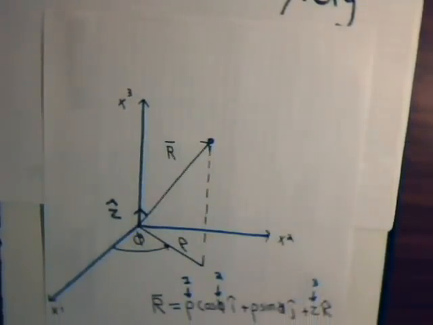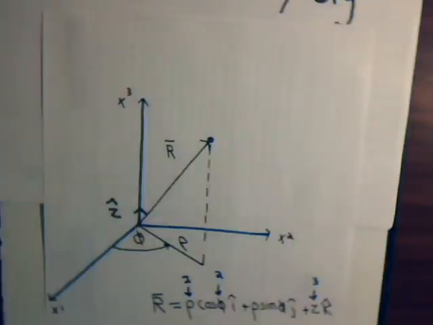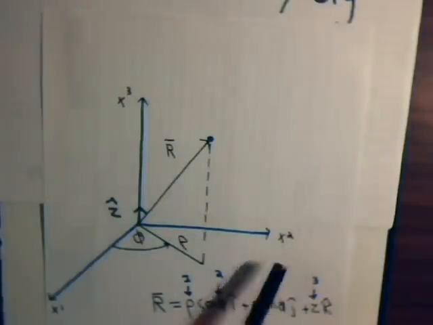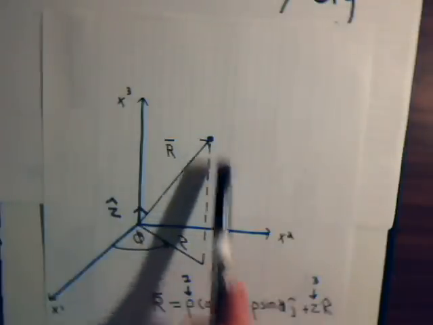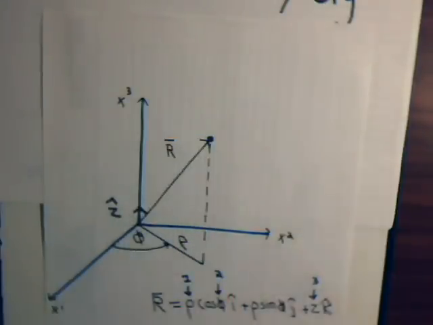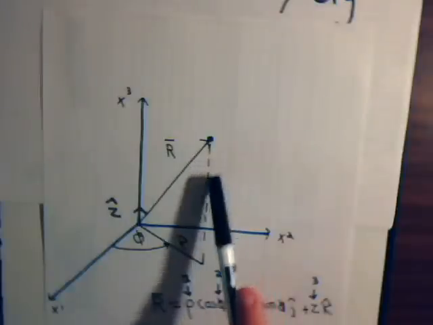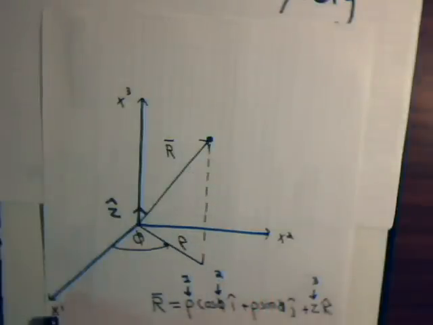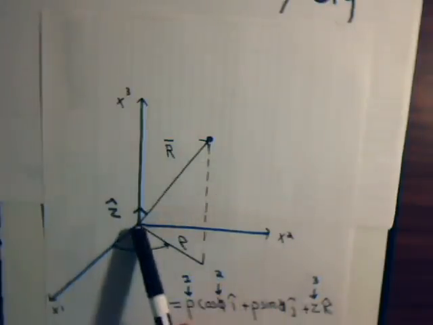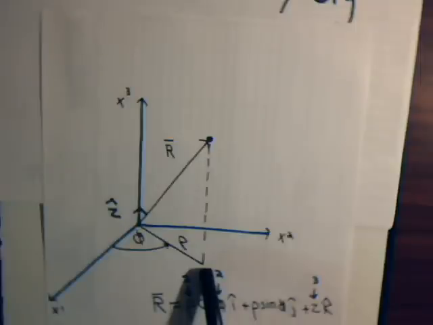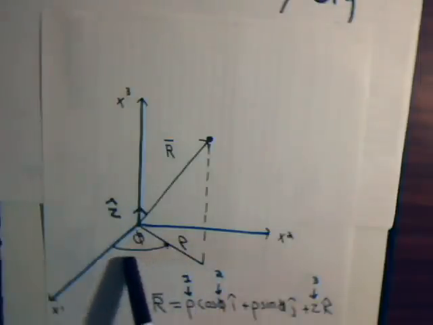Now, just to remind ourselves, here is a cylindrical coordinate system. We have Cartesian axes x1, x2, and x3. Then we have some point in space with a position vector r, and we drop a perpendicular down to the x1, x2 plane, and then we consider the distance from the origin and the angle that this makes with the x1 axis.